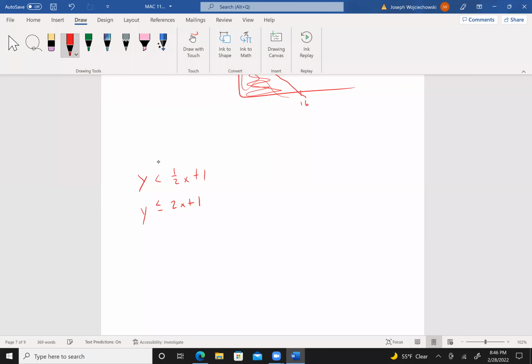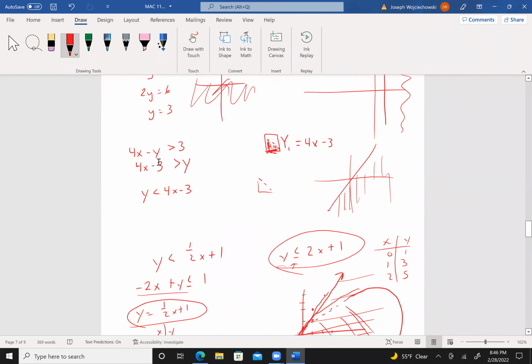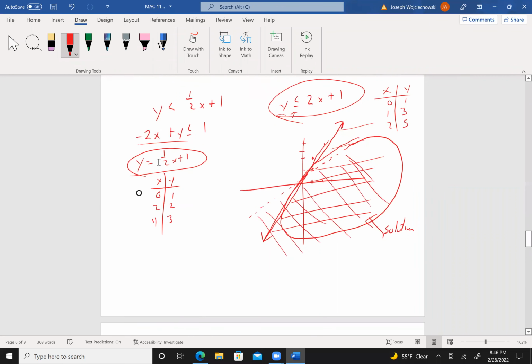So you can use your calculator in case you have difficulty figuring out which section is the solution. You can also pick a suspected point, a point in the suspected area. Say again, we think 0, 0 is in both of them, and test it and see.